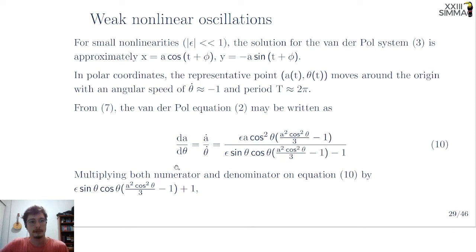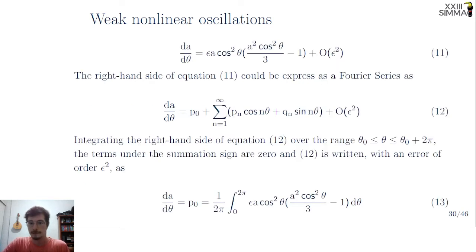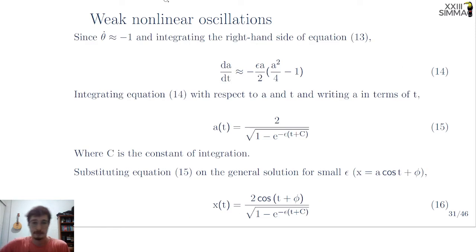Some approximations. First, we consider weak nonlinear oscillations. So this is the approximate solution, where we can say that A is a slowly varying function with respect to time, and using the van der Pol system in polar coordinates, we can write, after some calculations, an expression for A of t.